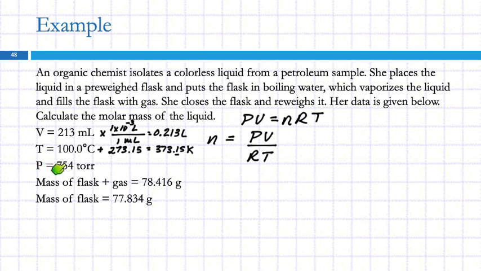And the pressure is given here in torr. Torr is a different name for millimeters of mercury. It's the same relationship. We need to convert that to atmospheres. 1 atmosphere is 760 torr.